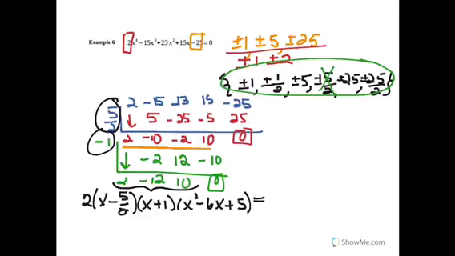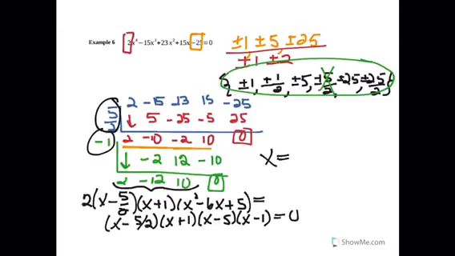Keep factoring one more time. x minus 5/2, x plus 1, x minus 5, x minus 1, and that means my roots are going to be 5/2, -1, positive 5, and positive 1.